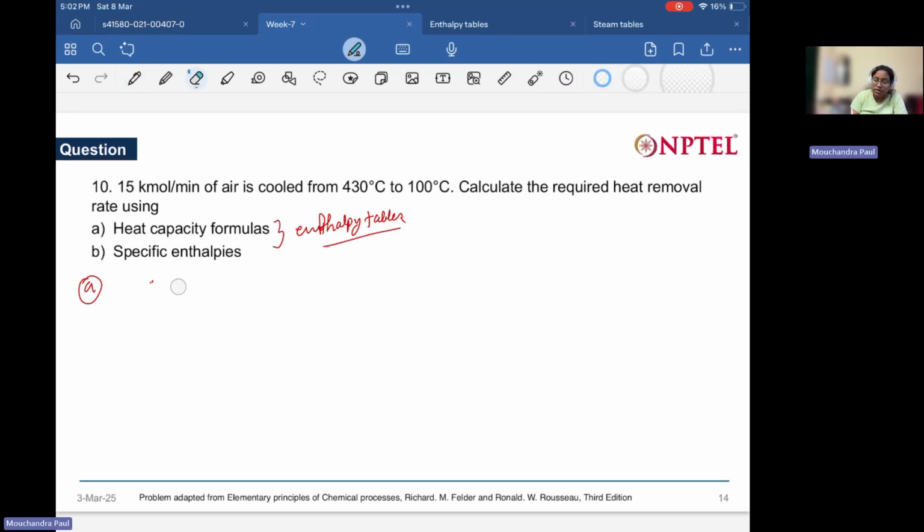If you look at the energy balance equation for the closed system, then it is becoming pretty straightforward that delta E, which is the energy for accumulation, is 0.